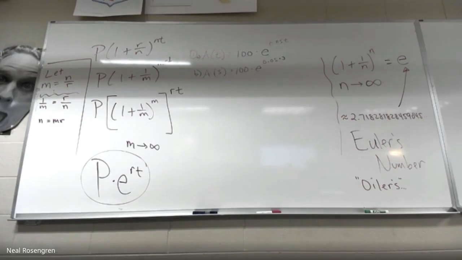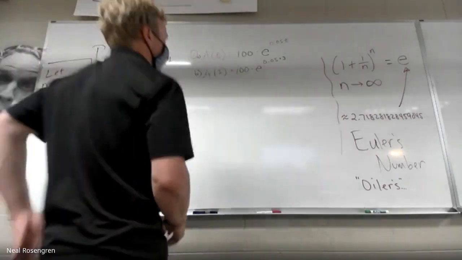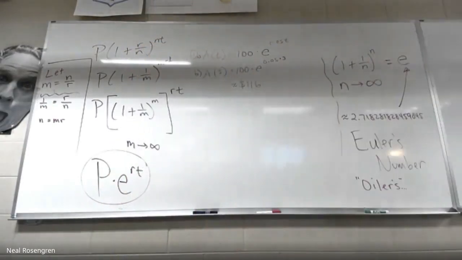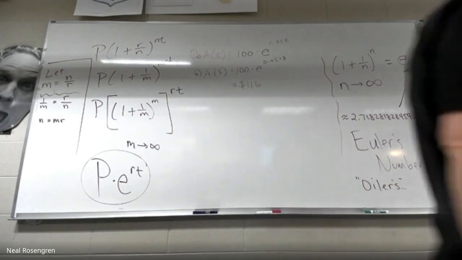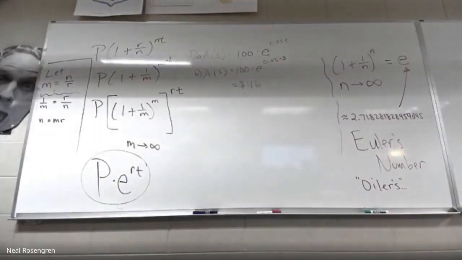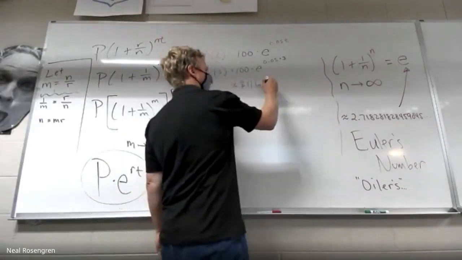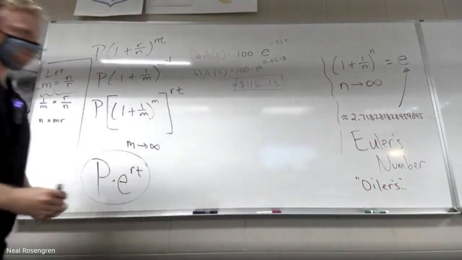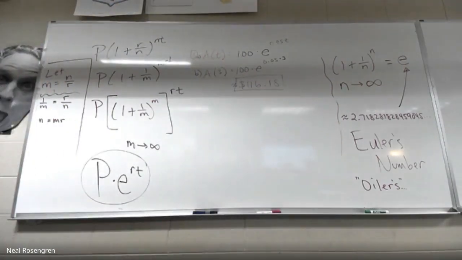So 100 times E, which is second division, to the power of 0.05 times 3. There it is. Approximate. $116.18. Okay, so 0.183, we're going to round down instead of round up. And that's it. Just a formula. Plug your numbers in, put them in the right spot. Life is good.